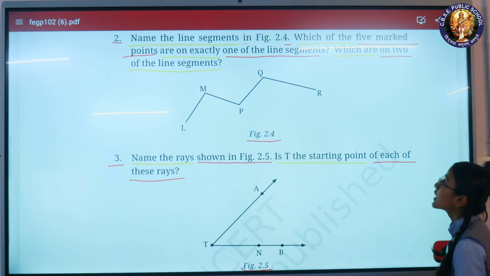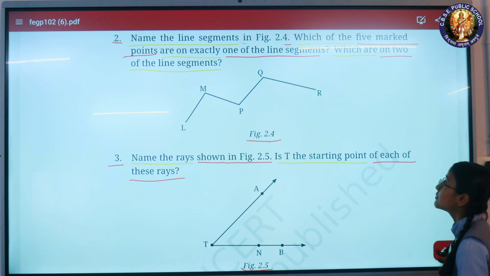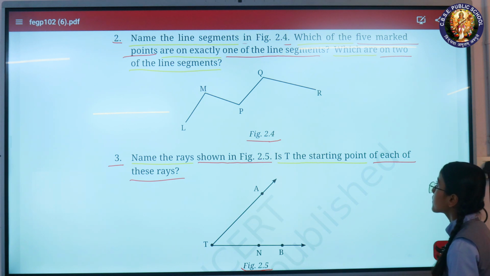2. Name the line segments in figure 2.4. Which of the 5 marked points are on exactly one of the line segments, which are on 2 of the line segments?